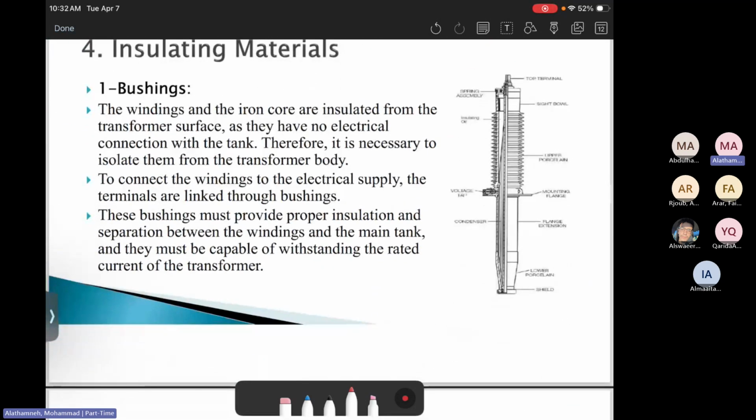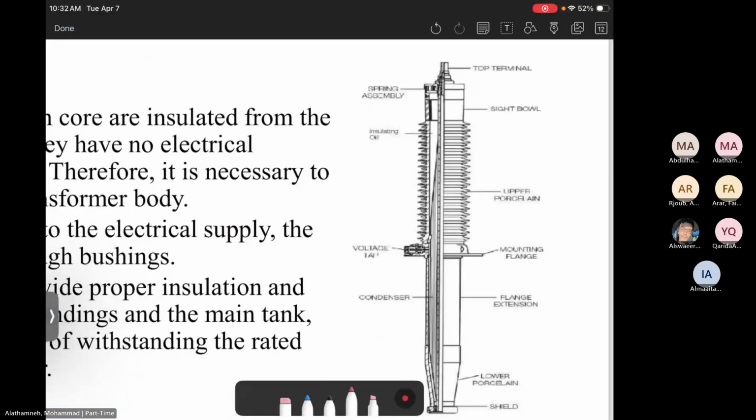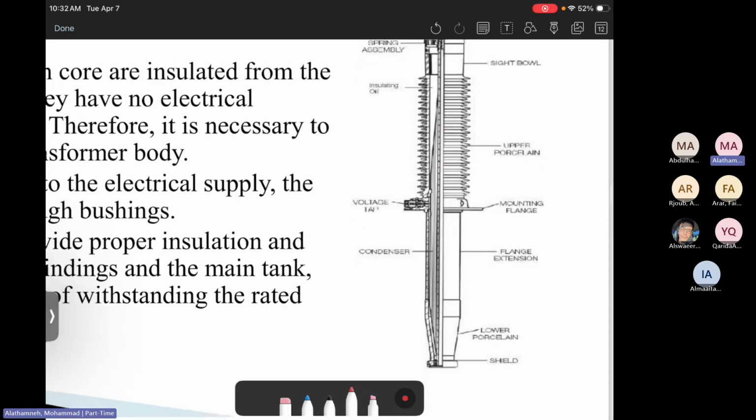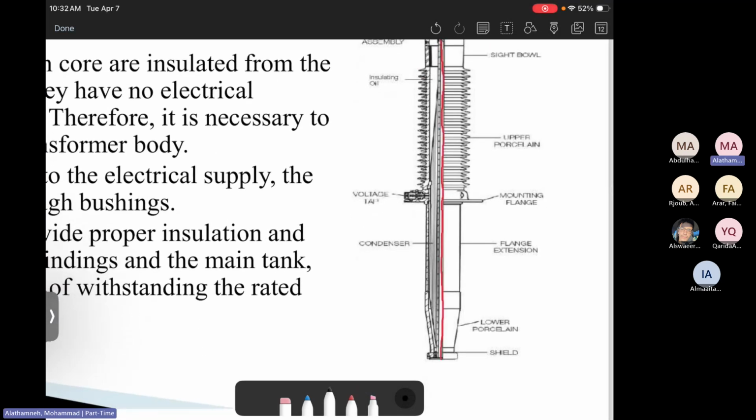Like the bushing, you will see the cable or the conductor goes in and it's mounted inside. Then it will keep going inside until reaching the core. Again, it is mounted inside the transformer. For isolation, we don't want that cable to conduct with the main frame of the transformer.